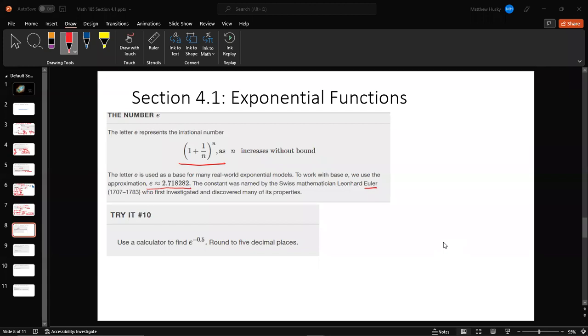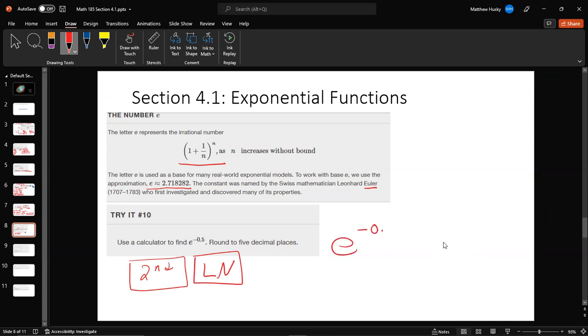So again, if you're using a TI-83 or a TI-84, you do second and then the ln key. And if you do e to the negative 0.5 power, that is approximately 0.60653.